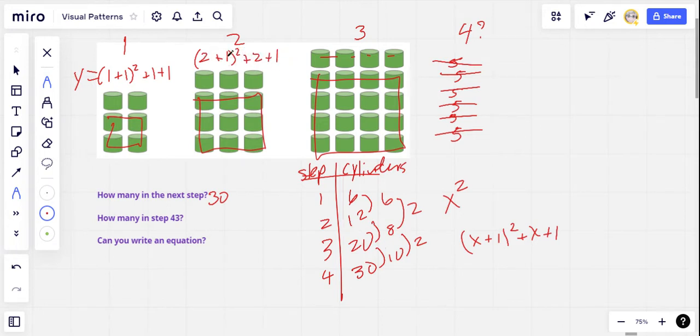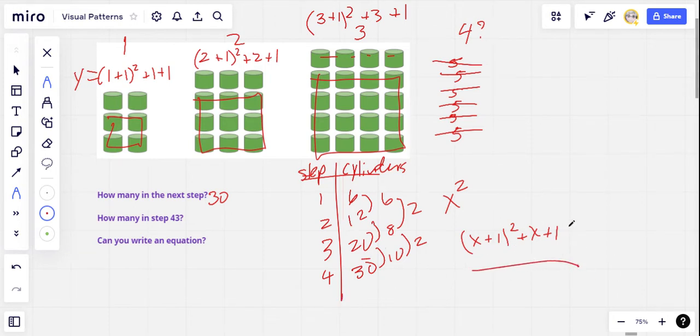So that'd be 3 squared, 9 plus 3. Yeah, that's what we've got here. We've got 12. Let's try it with step 3 just to be sure. So we'd have (3 plus 1) squared plus the step number plus 1. And 3 plus 1 would be 4. That'd be 16 plus 4 more would be 20. Yeah, that's what we're getting. So this looks to work.